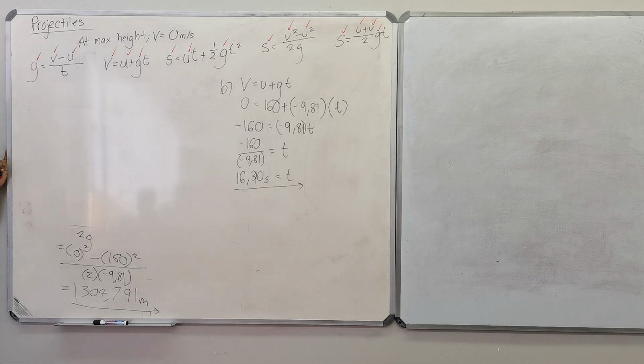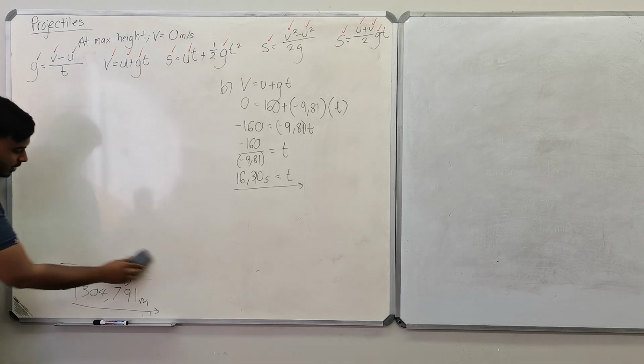But in an ideal circumstance, because it is acting at a constant acceleration, when it's going up, it's at a constant deceleration of 9.81 meters per second squared. When it's coming back down, it's at a constant acceleration of 9.81. So in an ideal circumstance, if only gravity acts on it, it will go up and come down with the same velocity but different directions.